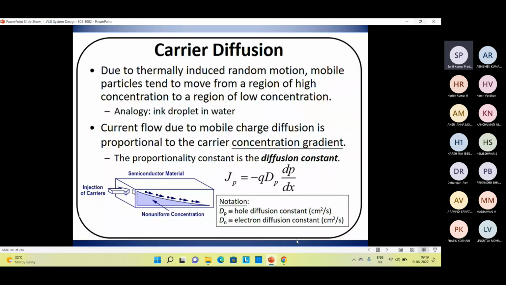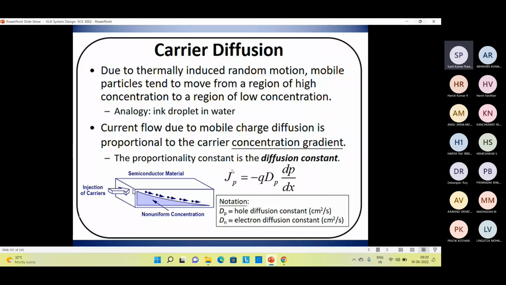Now, current flow due to mobile charge diffusion is proportional to the carrier concentration gradient. Let's say p is our hole concentration, and dp by dx is our hole concentration gradient. Jp is the diffusion current density of holes, that is, current per unit area, and q is the charge.